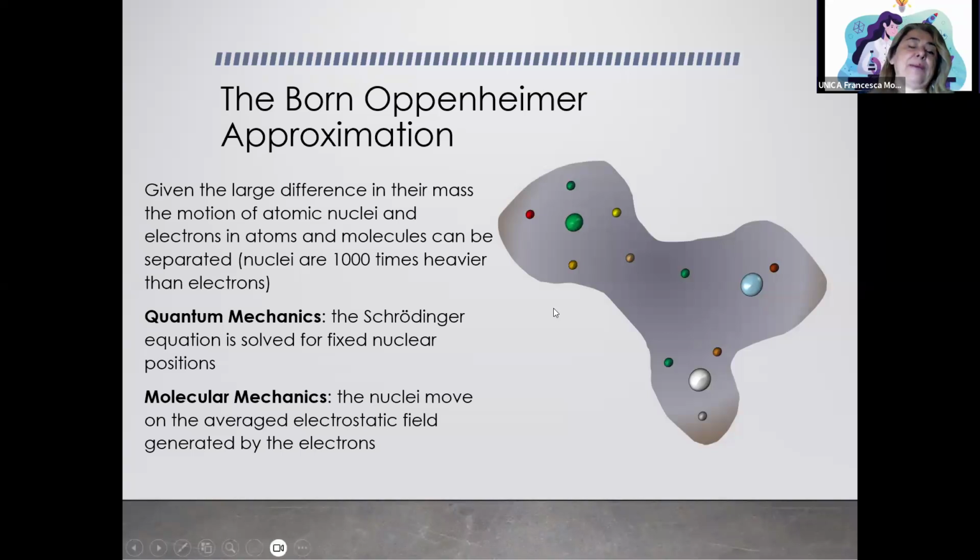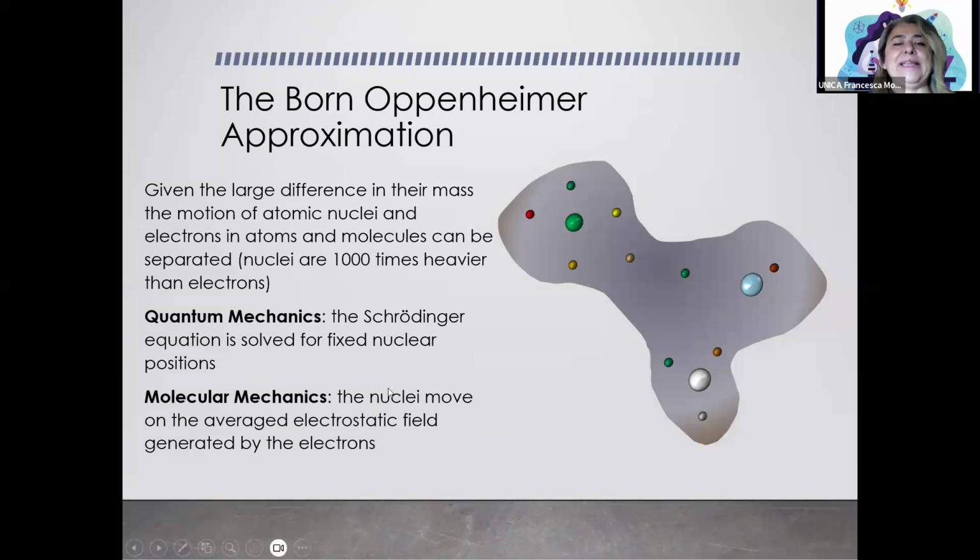This approximation is very important both for calculations in quantum mechanics, where usually we solve the Schrödinger equation for fixed nuclear positions because the electrons are moving so much faster that we can consider the nuclei feeling an average field due to the electrons.